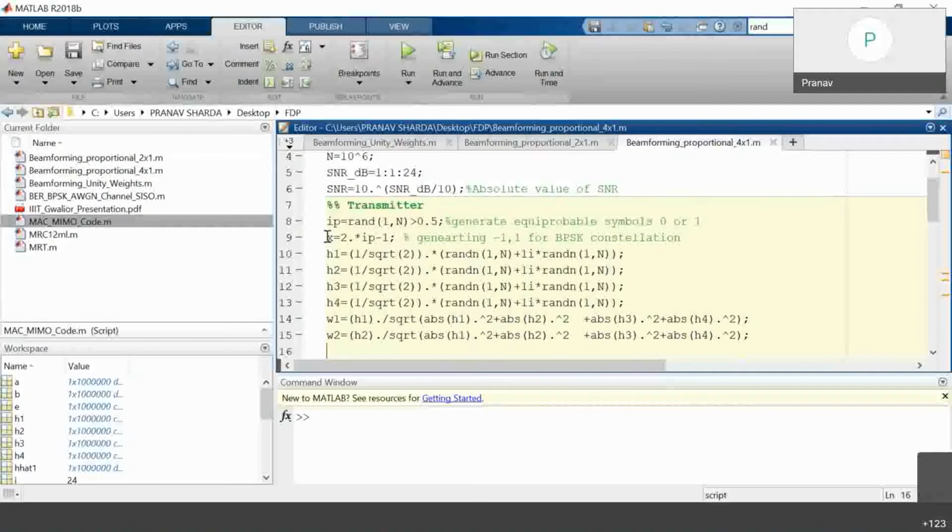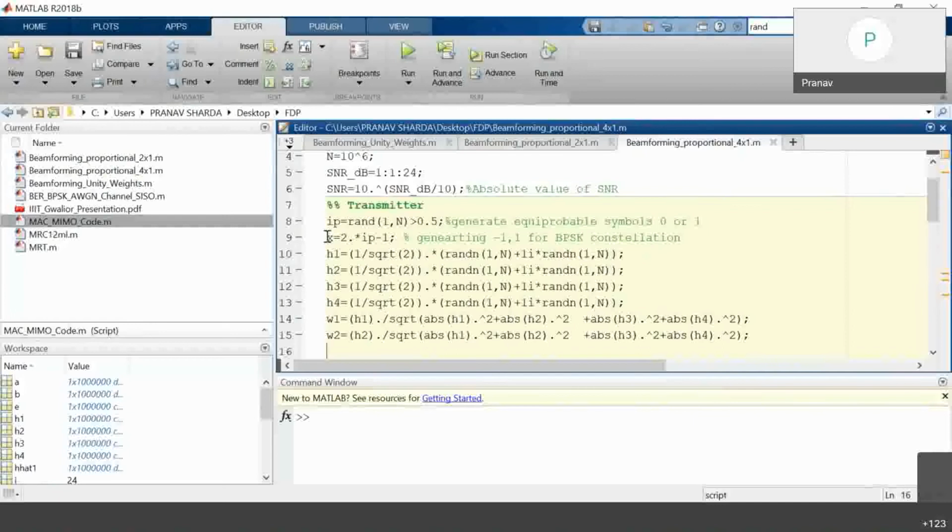In the QPSK modulation scheme, we have in-phase and quadrature phase signal components. So you need to go to the basics of QPSK, and accordingly you can generate it. QPSK is basically 4 PSK, so there you have to generate 00, 01, 10, and 11.